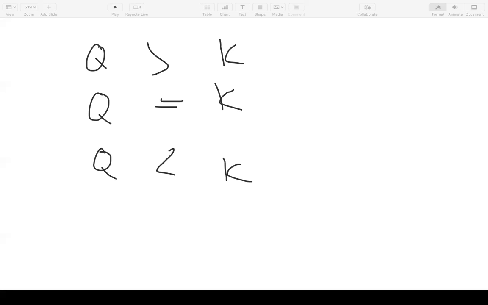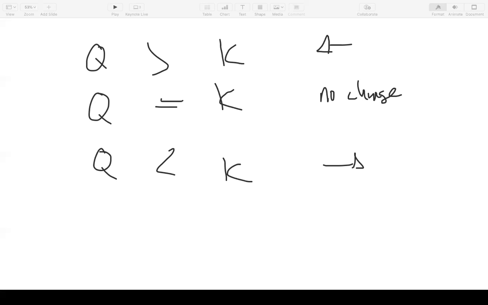I'll just draw an arrow to the left. Then Q equal to K, I kind of gave it away, but this would be ideal. This is equilibrium, so we'll have no change. And Q less than K, if we have a left arrow, obviously this one is going to be a right arrow. So that's that.